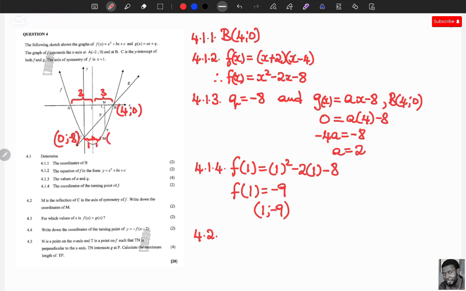So 1 plus 1 will be 2. So there will be 2 and negative 8. That will be our M.